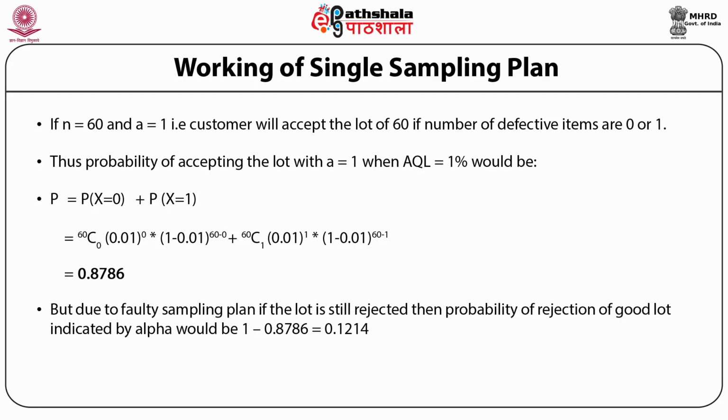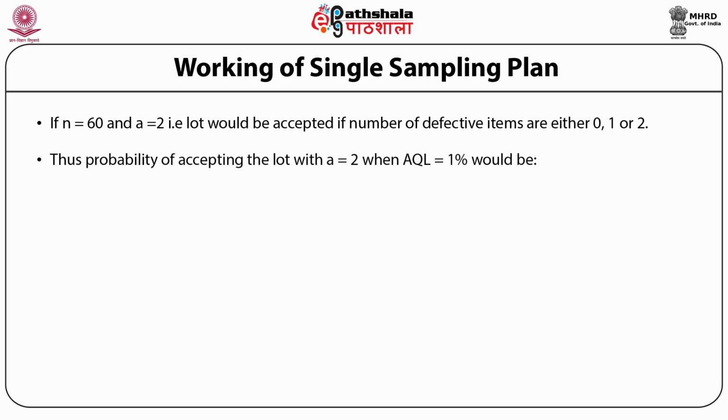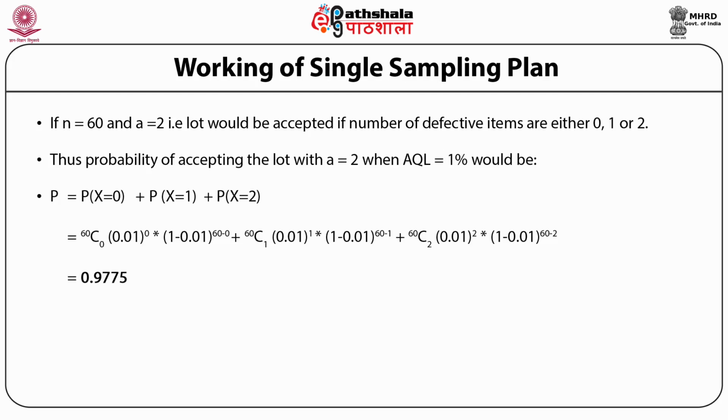0.8786 equals 0.1214. If n equals 60 and A equals 2, that is, the lot would be accepted if the number of defective items is either 0, 1 or 2. Thus, the probability of accepting the lot with A equal to 2 when AQL equals 1% would be P(x=0) plus P(x=1) plus P(x=2).